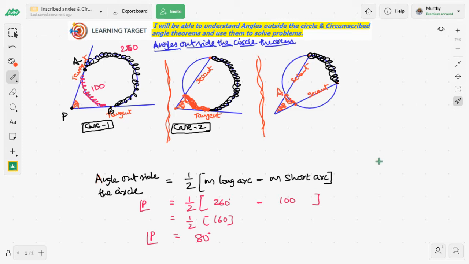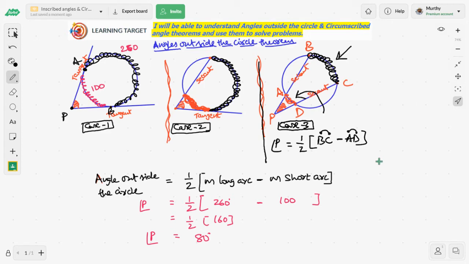If I label them as A, B, maybe this is C and this one is D, therefore the value of angle P, in case 3, equals half the measure of the long arc. Again, there are two arcs. When we are computing, the longest of these two is arc BC, subtract arc AD, which is the smallest one. So BC subtract AD.